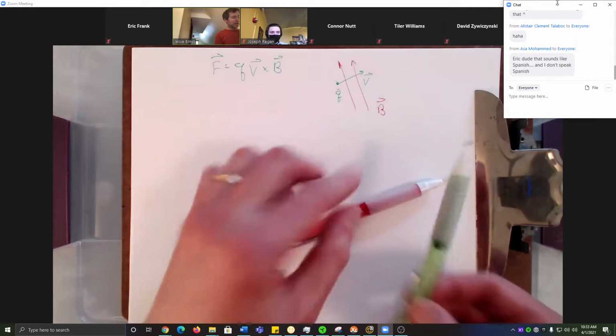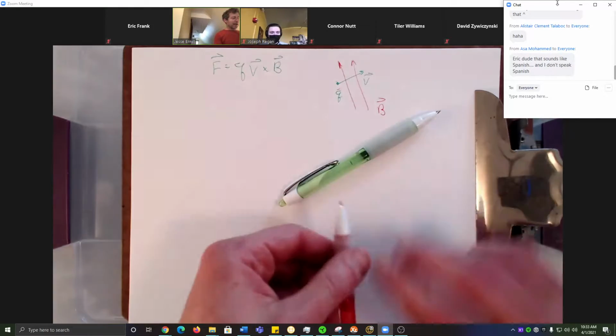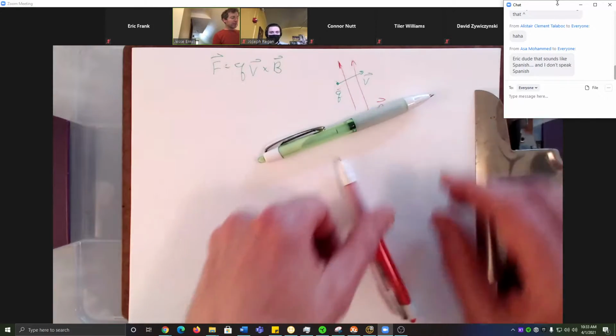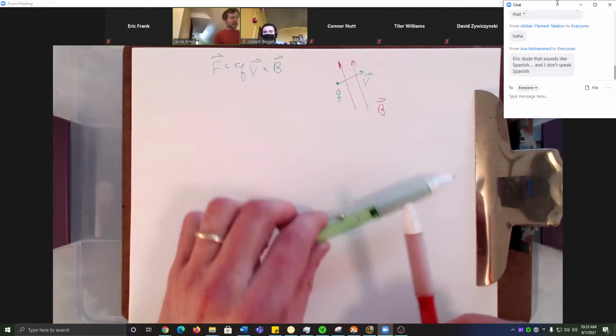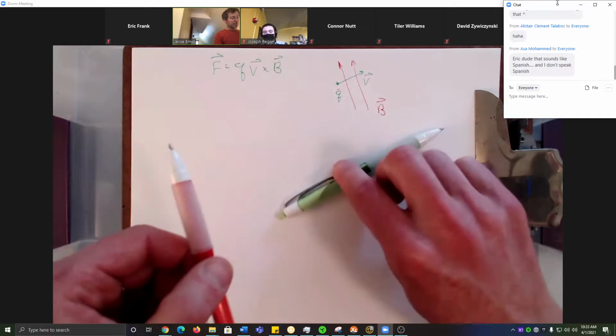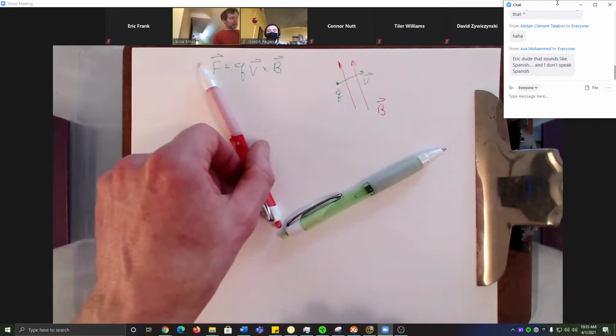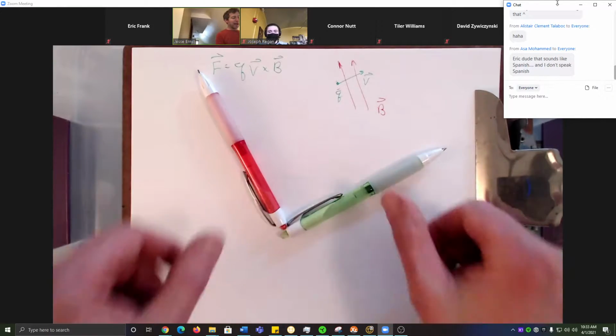And be careful. When a v vector is this way and B points that way, don't do something like this. Vectors don't have locations, so put them back to back. So v vector points this way, B vector points that way. So green cross red is out of the page.